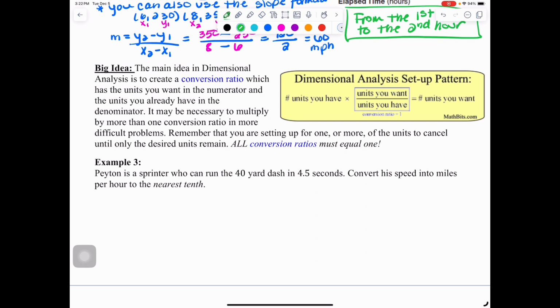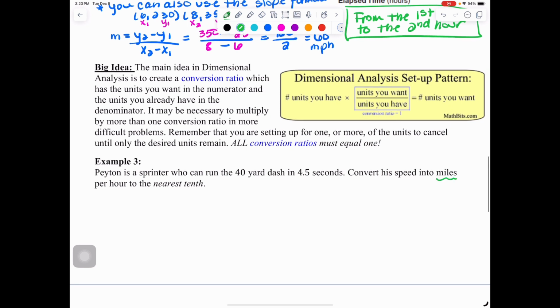So it says Peyton is a sprinter who can run the 40-yard dash in 4.5 seconds. Convert his speed into miles per hour. So miles per hour, and they want that to the nearest tenth. So our goal here, nice to take a second to write down the goal.